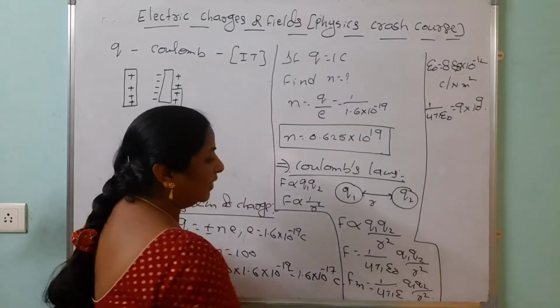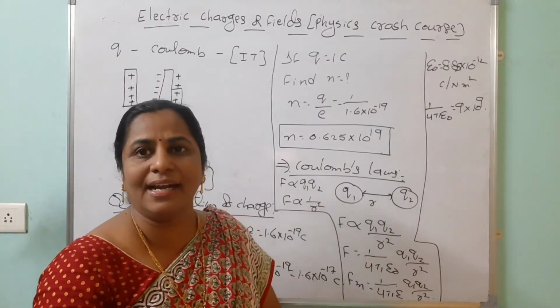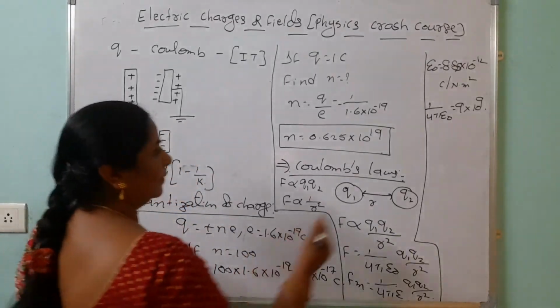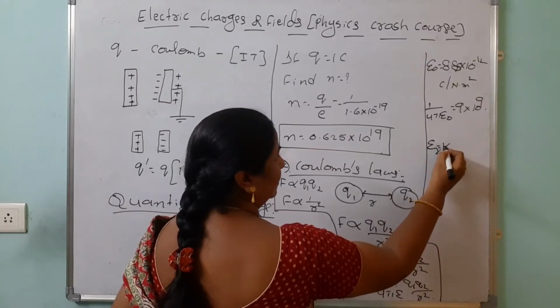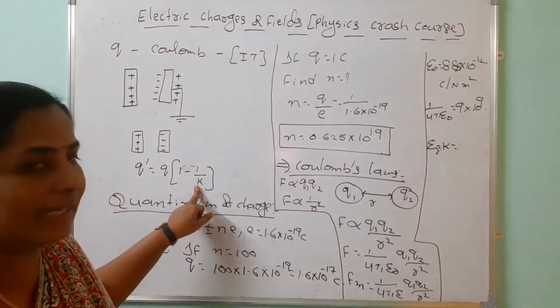For any medium we are taking, it depends on that medium, so we take that epsilon value. And what is the formula for relative permittivity? This is represented by epsilon r or k also. This k is nothing but the relative permittivity or dielectric constant.